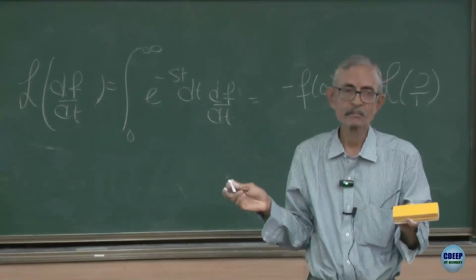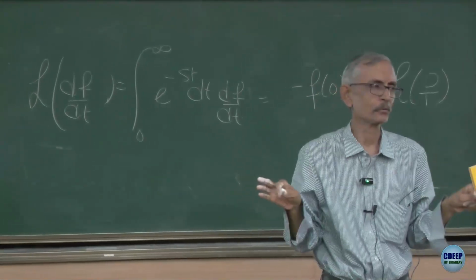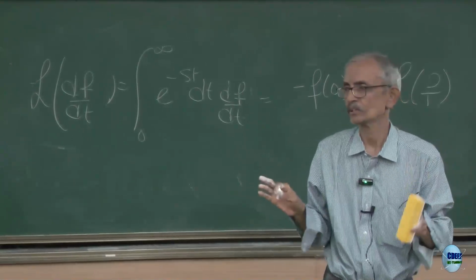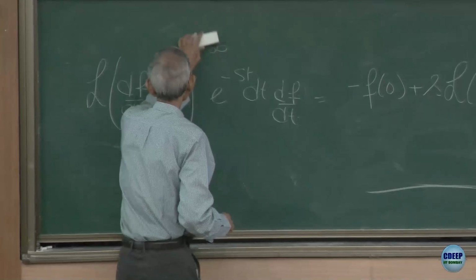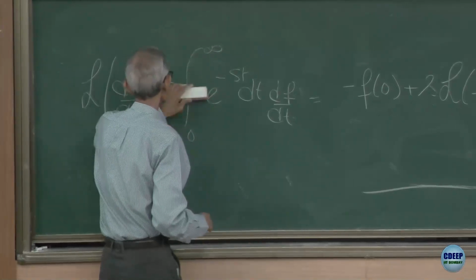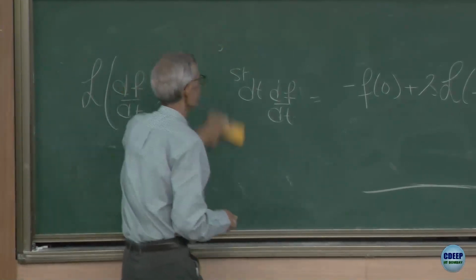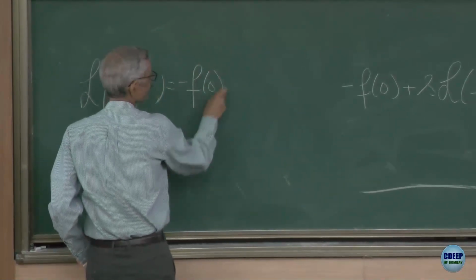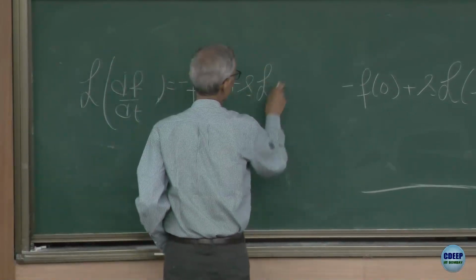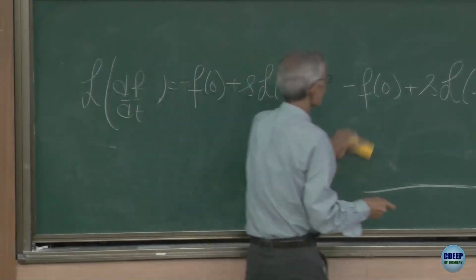Have we made things simpler? As of now, we don't know. Maybe, maybe not. So now we have Laplace of df dt equals minus f0 plus s L of f.